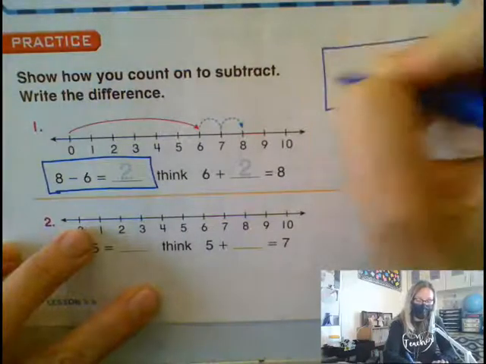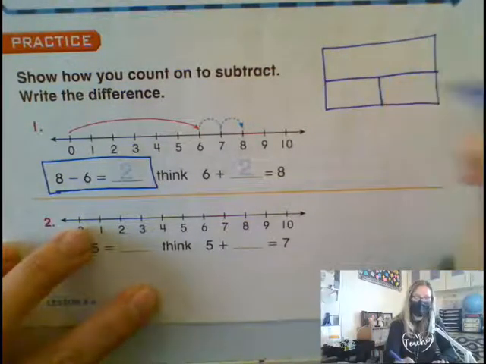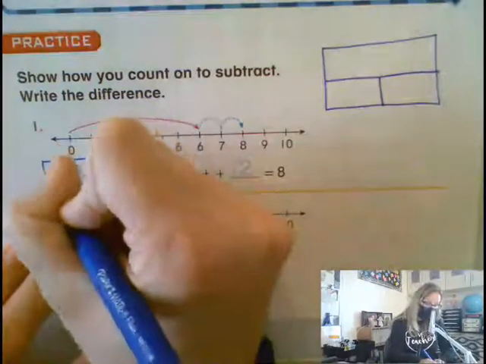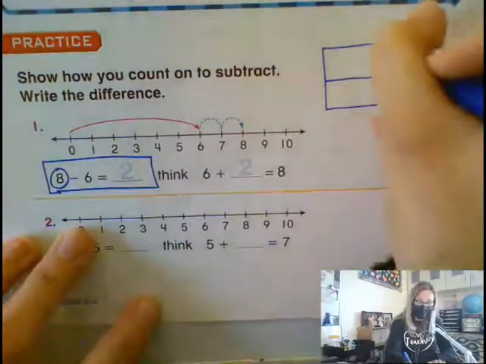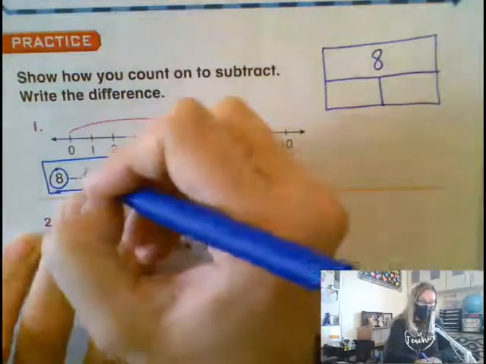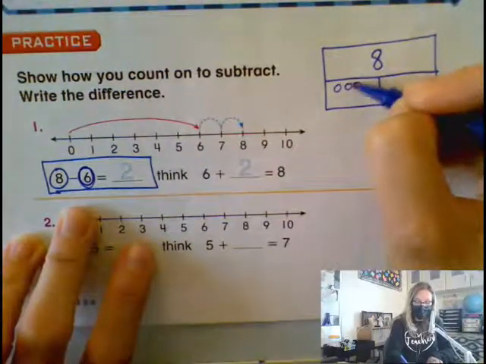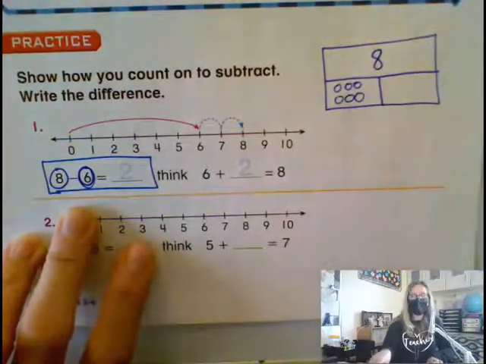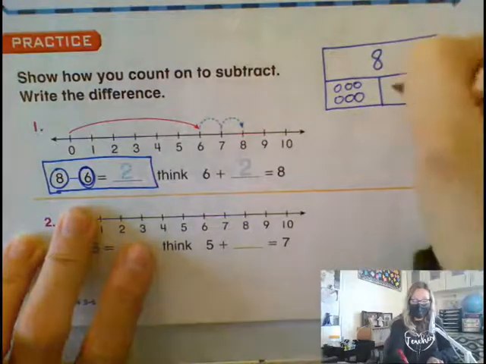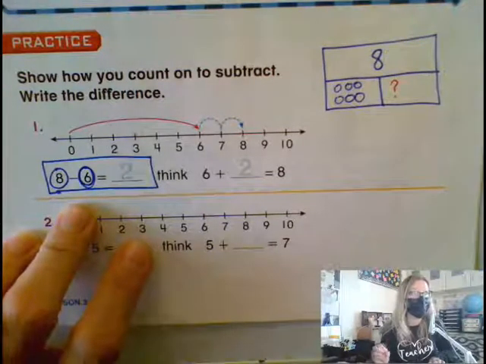If I were to put that in my part-whole box, I know that my whole, my sum or my total is 8. And I know that one of my parts is 6. 1, 2, 3, 4, 5, 6. I'm trying to figure out what this other part is, okay?